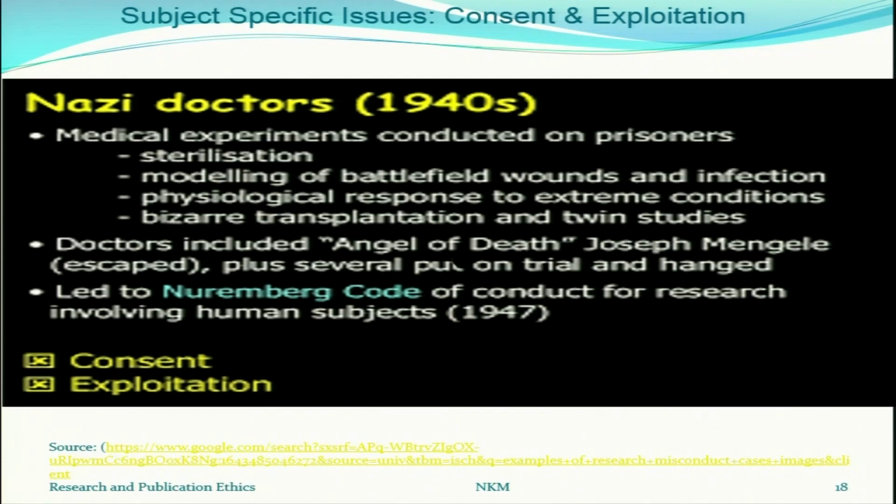The doctors included the Angel of Death, Joseph Mengele, who escaped, while several others were tried and hanged. So in this case actually there were 2 major violations, in terms of consent and exploitation.